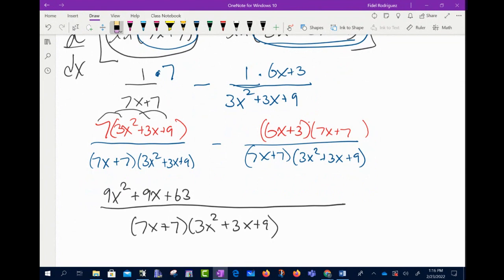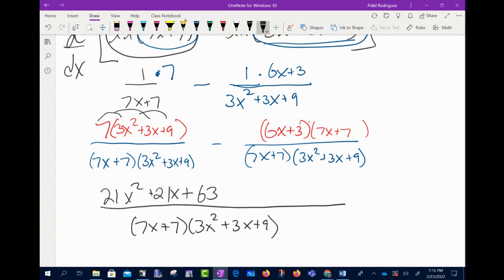Oh, man. Should be easy, and I'm messing this whole thing up. Sorry about that, guys. 21x squared. Yeah, I don't know what I was thinking. What did I write the first time? Did I have the 63 part right? Okay, yeah. I don't know what happened there.